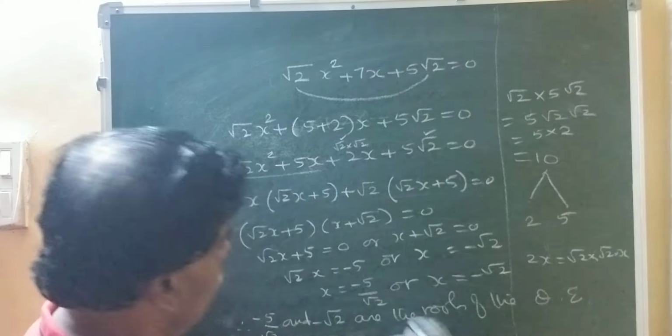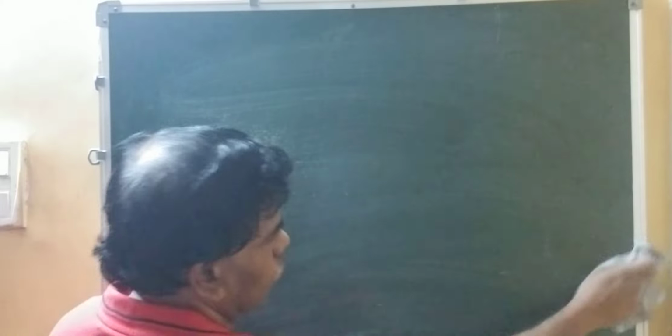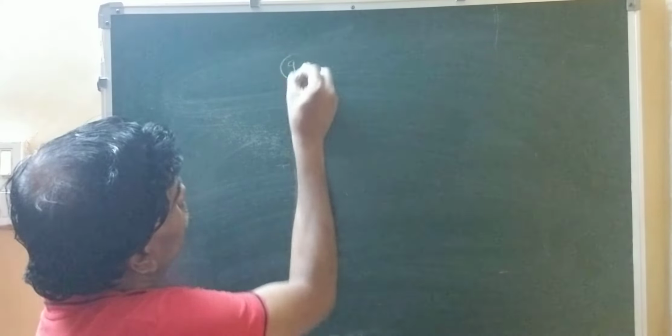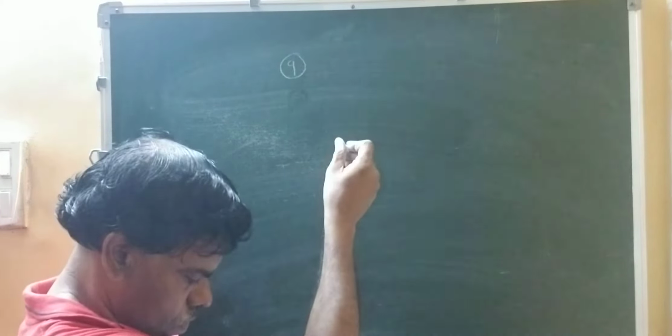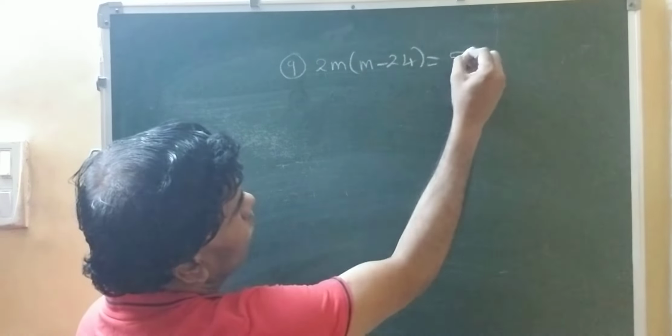Now next one. Ninth sum. 2m into m minus 24 is equal to 50.